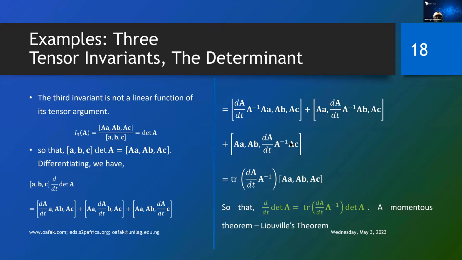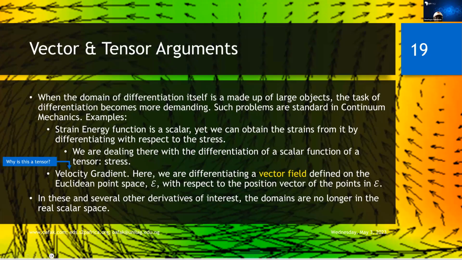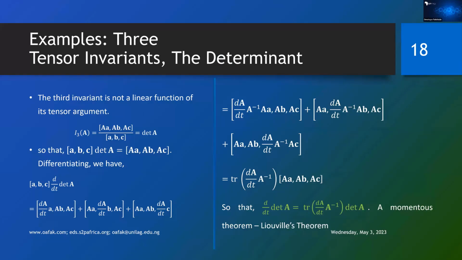Okay, so in the first 18 pages, we have dealt with the simple cases where you have tensors, but you are differentiating them with respect to a scalar argument. Despite the fact that those are easy things, we still have some interesting and important results.